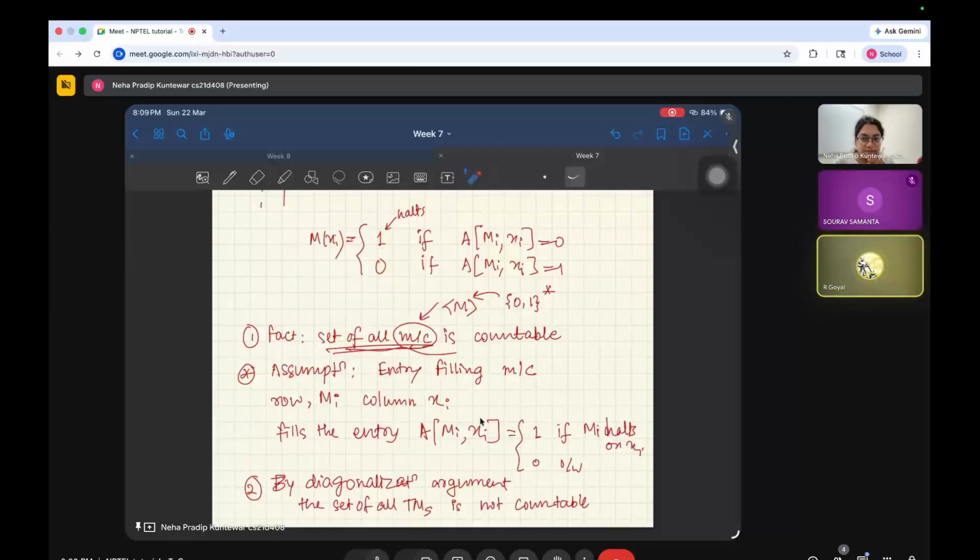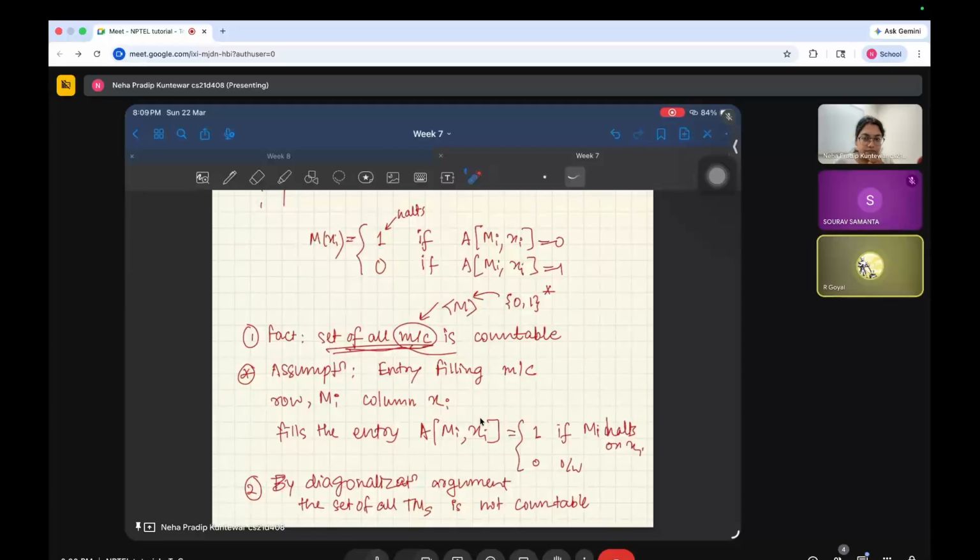But in this proof, because we got one more machine, it will negate the existence of the entry filling machine. This last part is not that clear. Because we got one more machine, how does it imply that there cannot exist the entry filling machine?